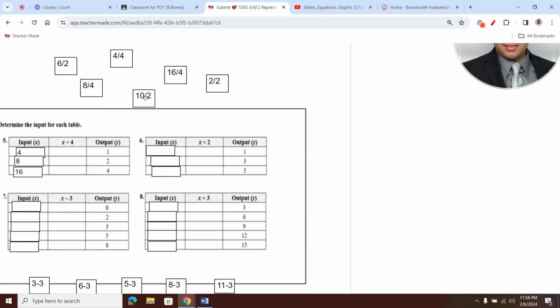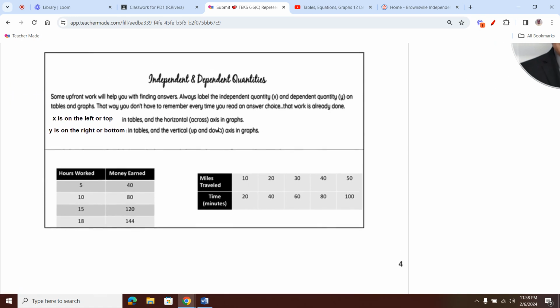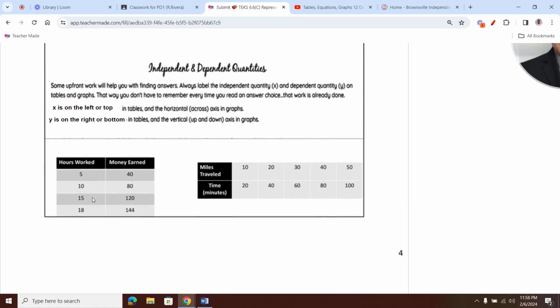This we're skipping until I fix those drag and drops. This is just notes to remind you that the X is always this one, which is independent. The Y is dependent. The Y depends on the X. So the X determines the Y. Same thing over here.